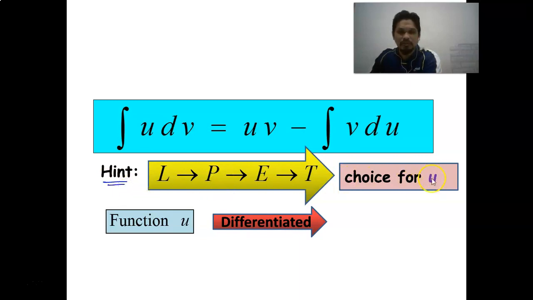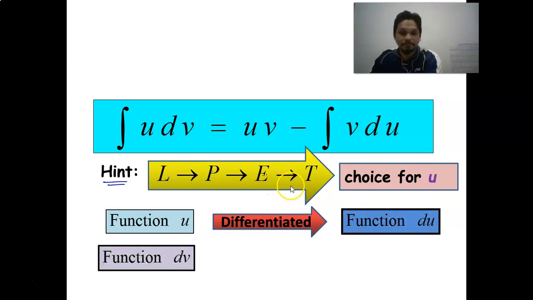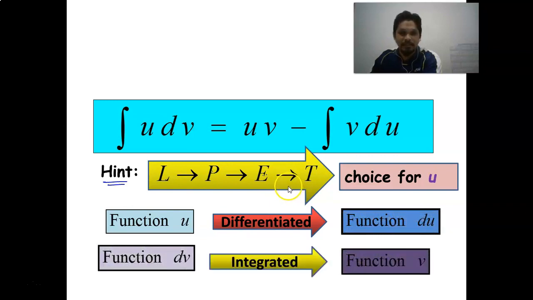If it's between log and exponential, choose log as u and exponential as dv. And if the function is between polynomial and exponential, choose the polynomial as u and exponential as dv.